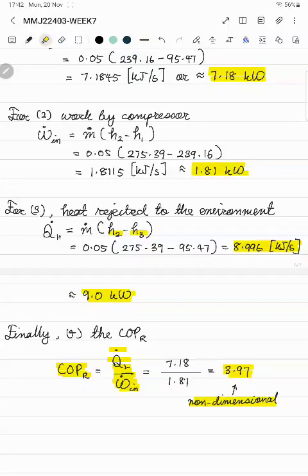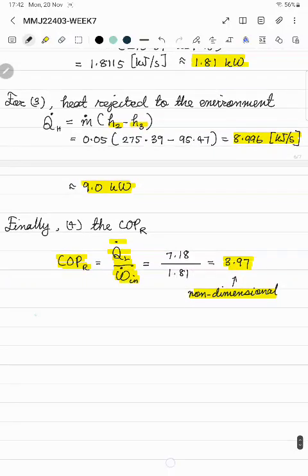And of course, the higher the better. So let's put a conclusion there. The higher the COP, the better. So that's it for our worked example on the ideal vapor compression refrigeration cycle.